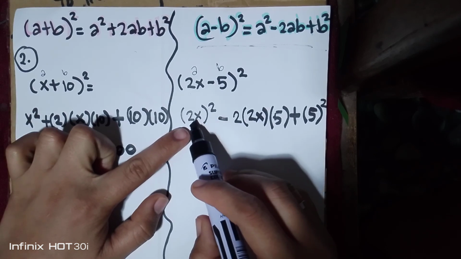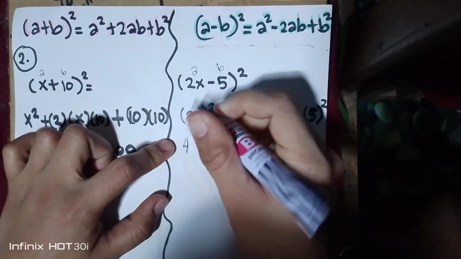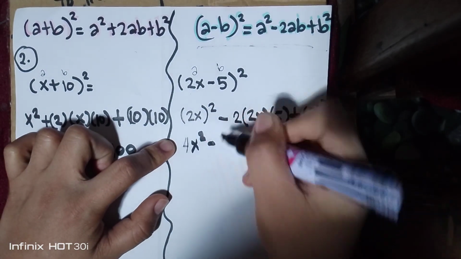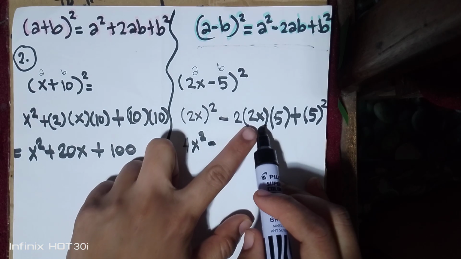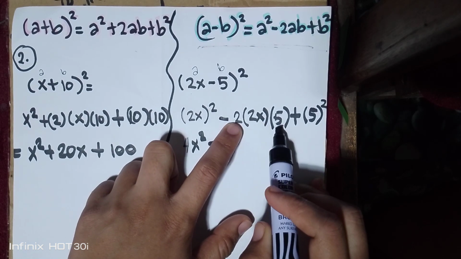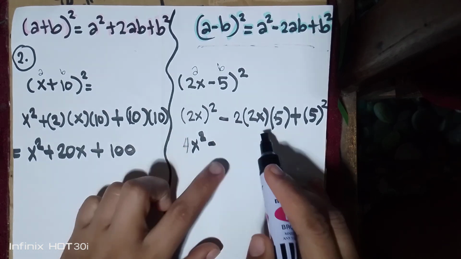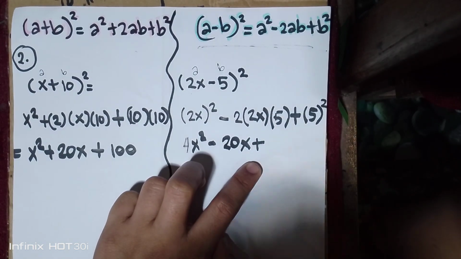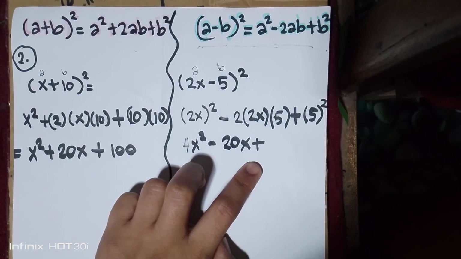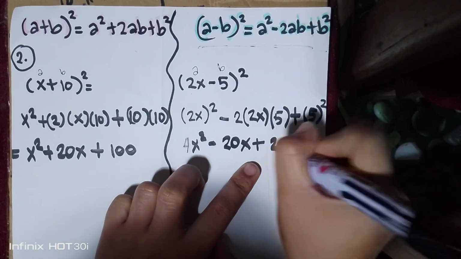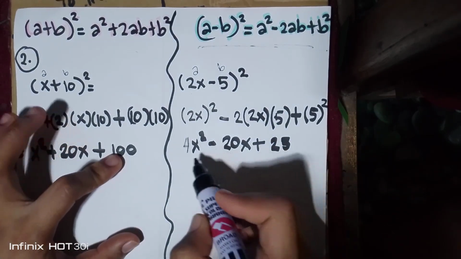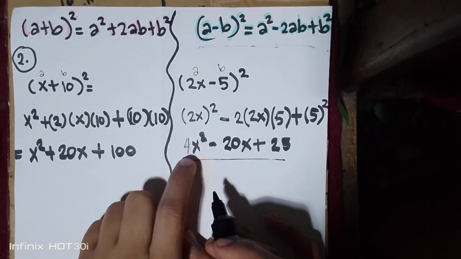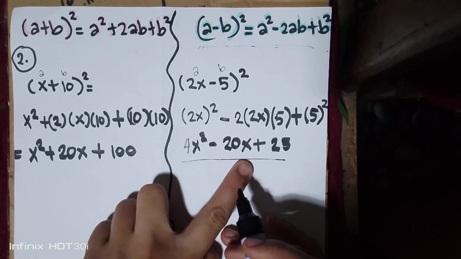So 2x squared is equal to 4x squared. Copy the sign and then multiply 2 times 5, 10 times 2x, it's 20x, plus 5 times 5, it's going to be 25. So this is our answer: 4x squared minus 20x plus 25.